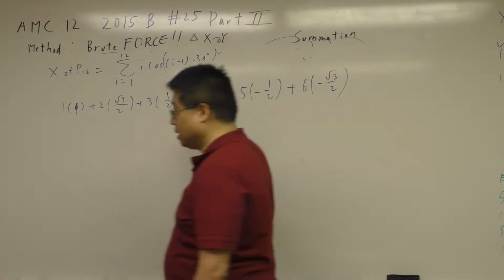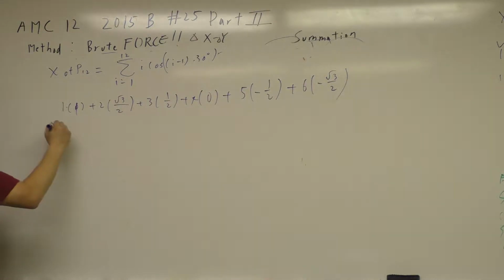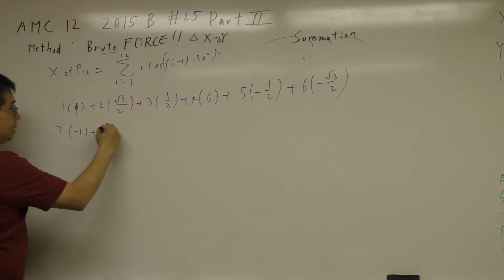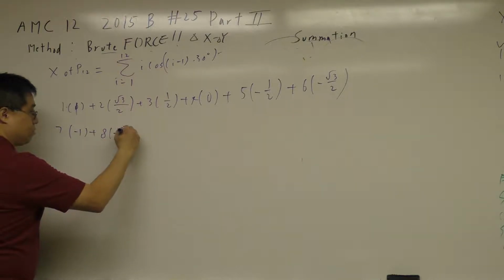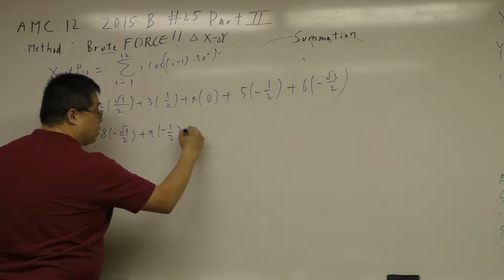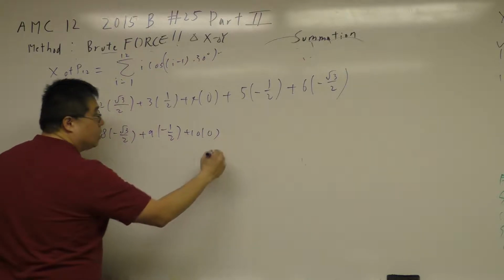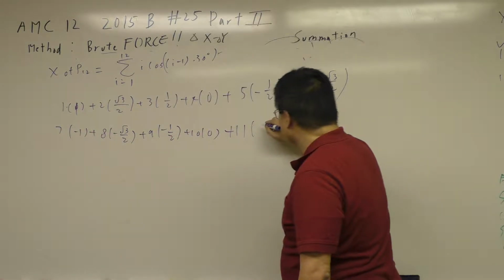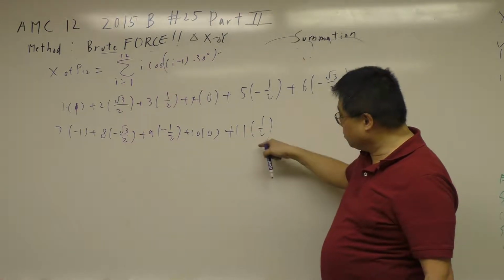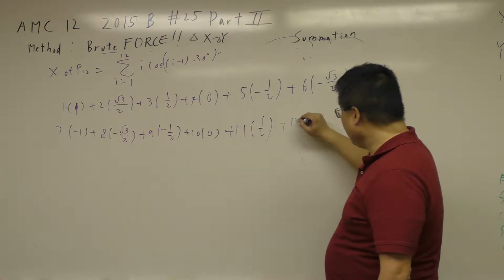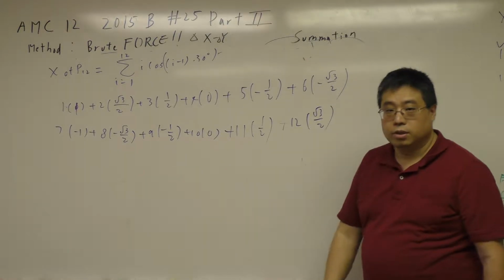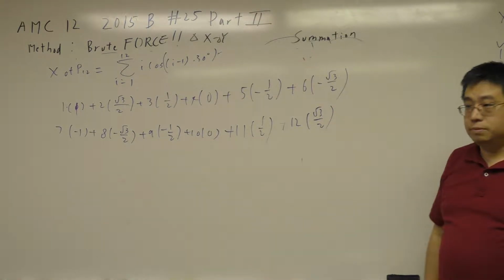And since I'm running out of room, I'm going to write 7 times negative 1 plus 8 times negative square root 3 over 2 plus 9 times negative 1 half plus 10 times 0 plus 11 times positive half, because now you're in the fourth quadrant, plus 12 times square root 3 over 2. So that just is 12 terms.